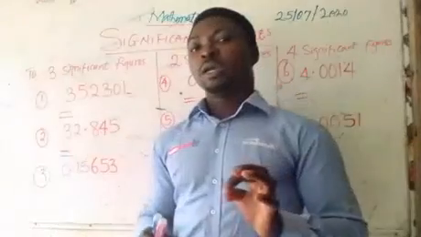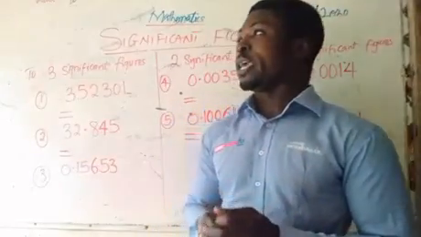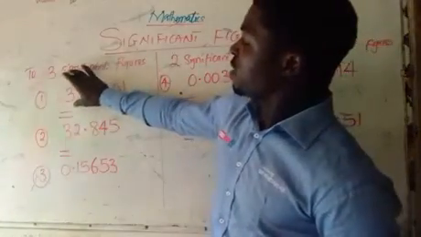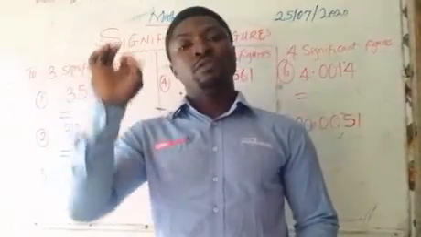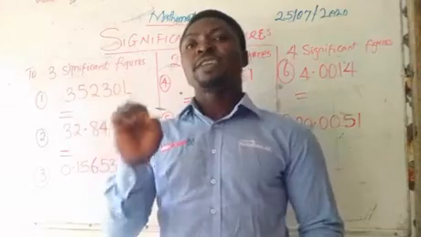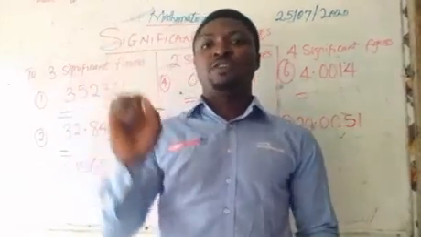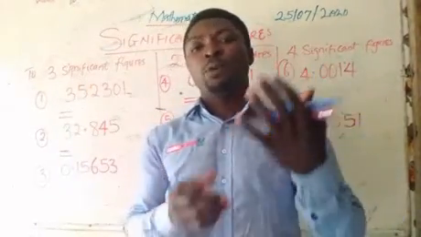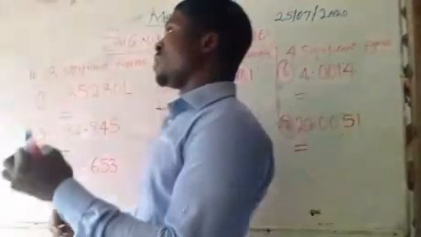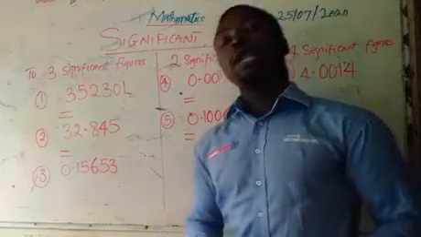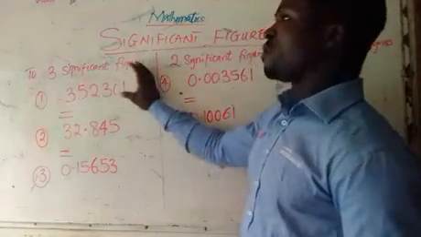Before we move on, the first thing we need to know is the first significant digit cannot be 0. It can either be 1, 2, 3, 4, 5, 6, 7, 8, or 9. So it cannot be 0.